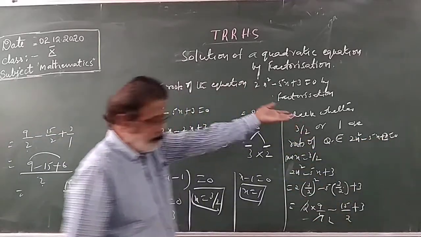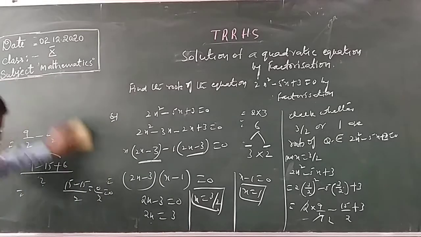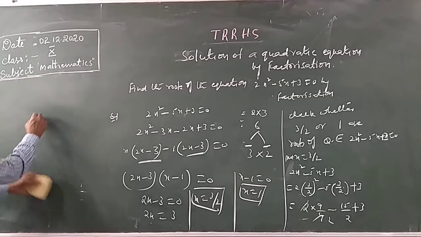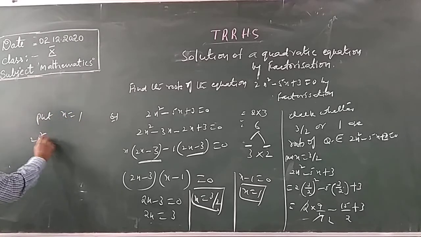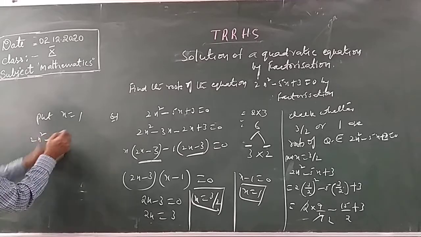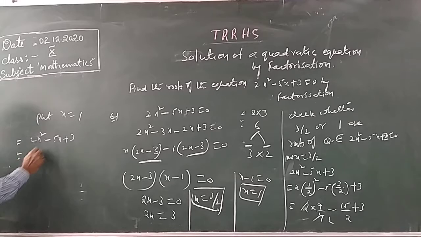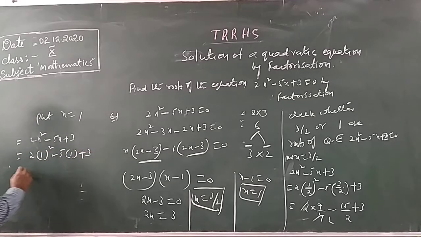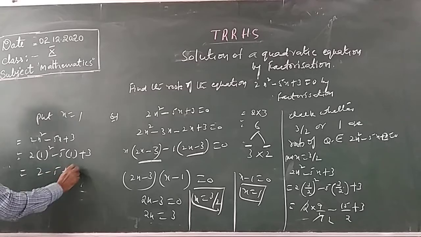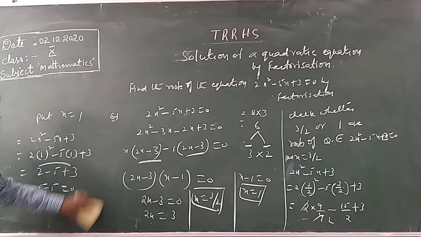Now put x equal to 1 in the given equation 2x square minus 5x plus 3: 2 into 1 square minus 5 into 1 plus 3, 2 plus 3 is 5, 5 minus 5. So it is also 0.